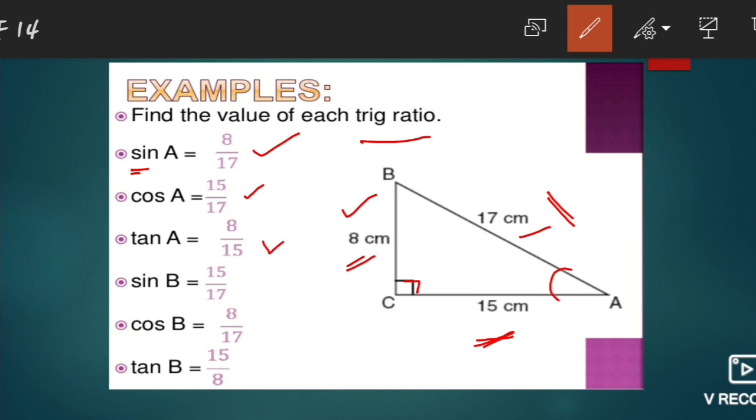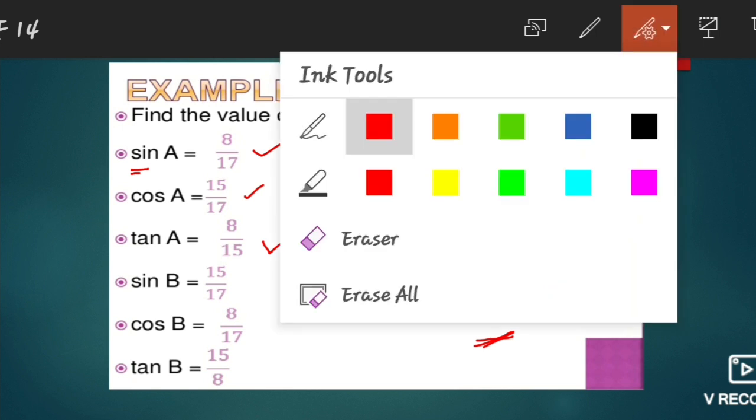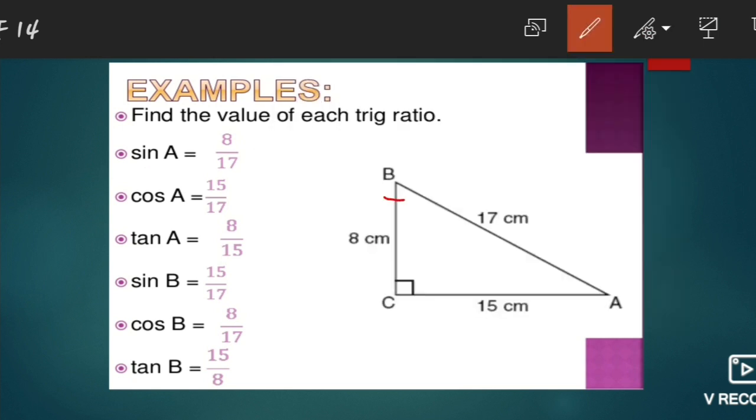Then sin B. For the next three I have taken B as the acute angle. Now if you consider B as the acute angle, then this will be the opposite side, this will be the adjacent side, and the hypotenuse will remain the same. To find sin B, that means opposite side by hypotenuse, so it will become 15 by 17.